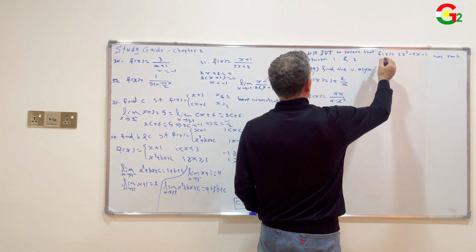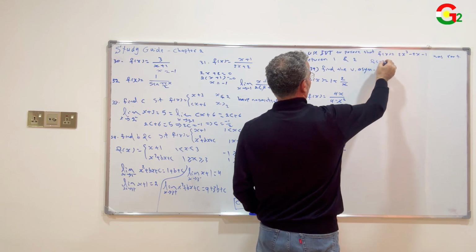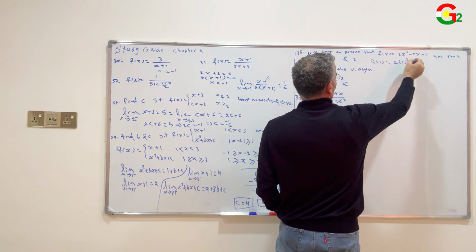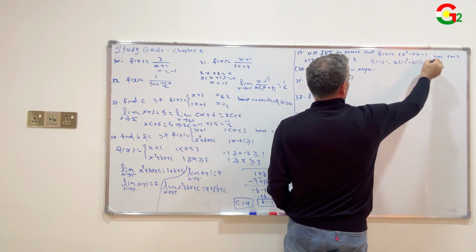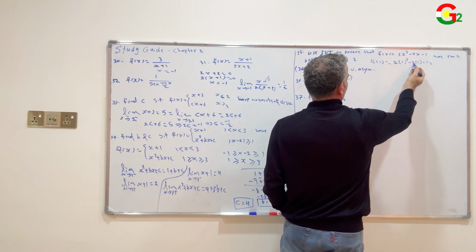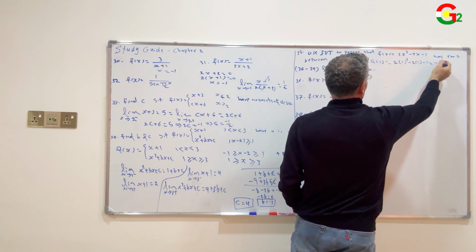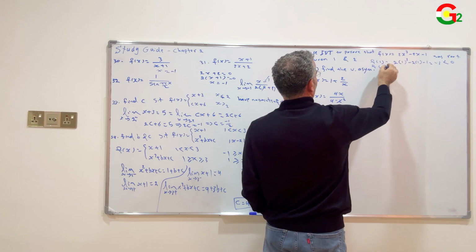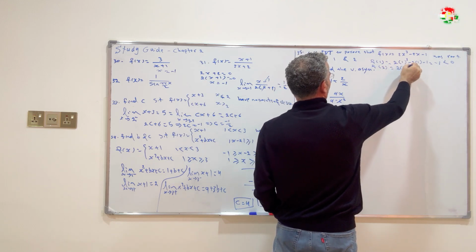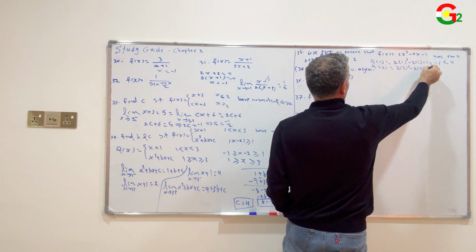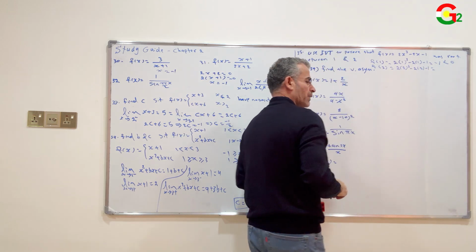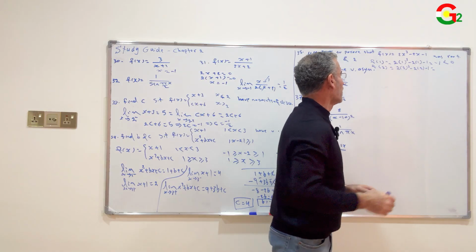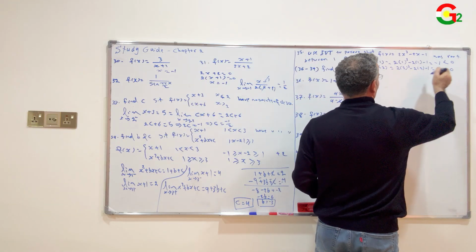Then we need to find f of 1, 2 times 1 power 3 minus 2 times 1 minus 1 equals 2 minus 2, 0 minus 1, it is less than 0. f of 2 equals 2 times 2 power 3 minus 2 times 2 minus 1 equals 16 minus 5, 11, greater than 0.